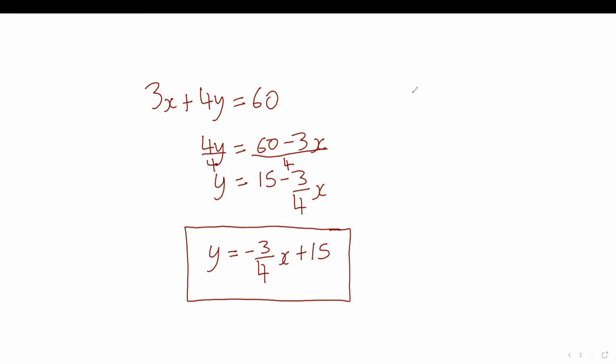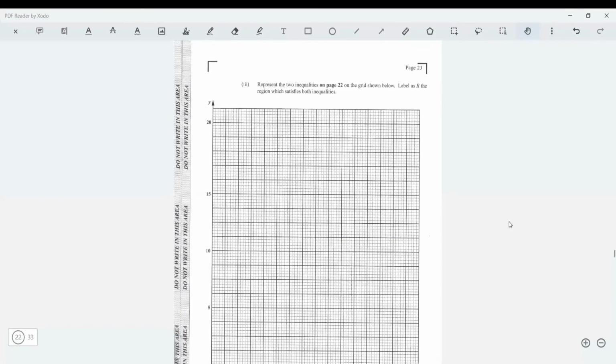In other words, the inequality that we're going to draw is Y less than or equal to negative 3 over 4X plus 15. So we have that out of the way so far. So we need to draw the line Y is less than or equal to negative 3 over 4X plus 15.